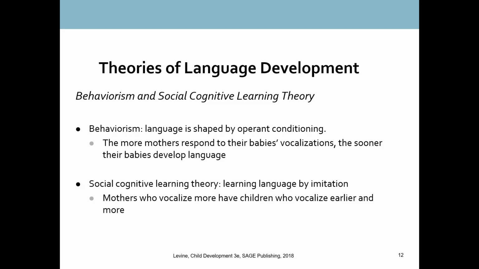We say something that our parents understand, then they respond to it, which is a reward. So over time, you're more likely to say words that are more understandable, less likely to say words that don't make sense. And this was the theory put out by the behaviorists, that this was how we learn language.